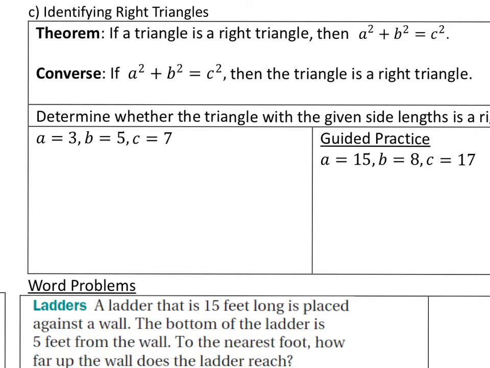Part C, identifying right triangles. And here we have a theorem. If a triangle is a right triangle, then A squared plus B squared equals C squared, given A and B are the legs and C is the hypotenuse.